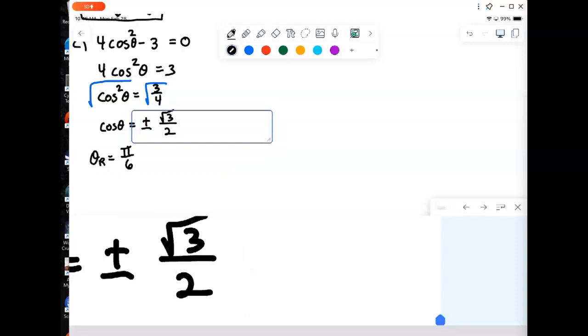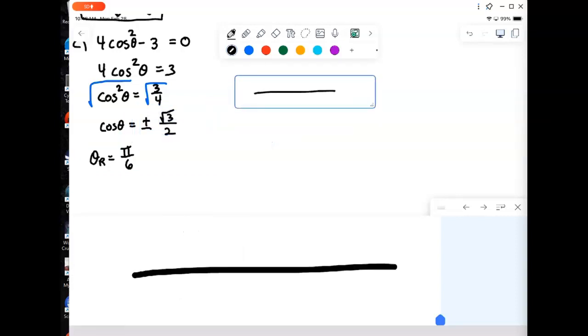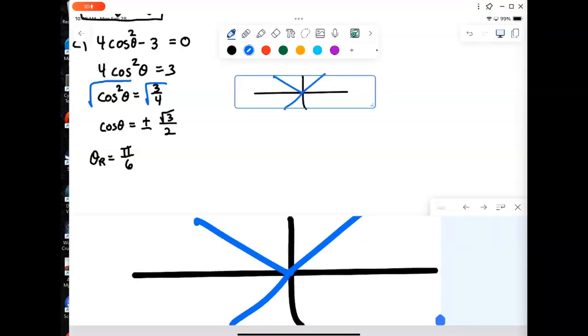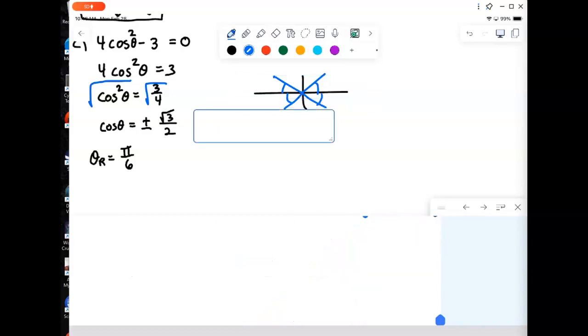Because of the plus or minus, we take that reference angle and put it in all 4 quadrants, because we want both positive and negative, and work out our angles.